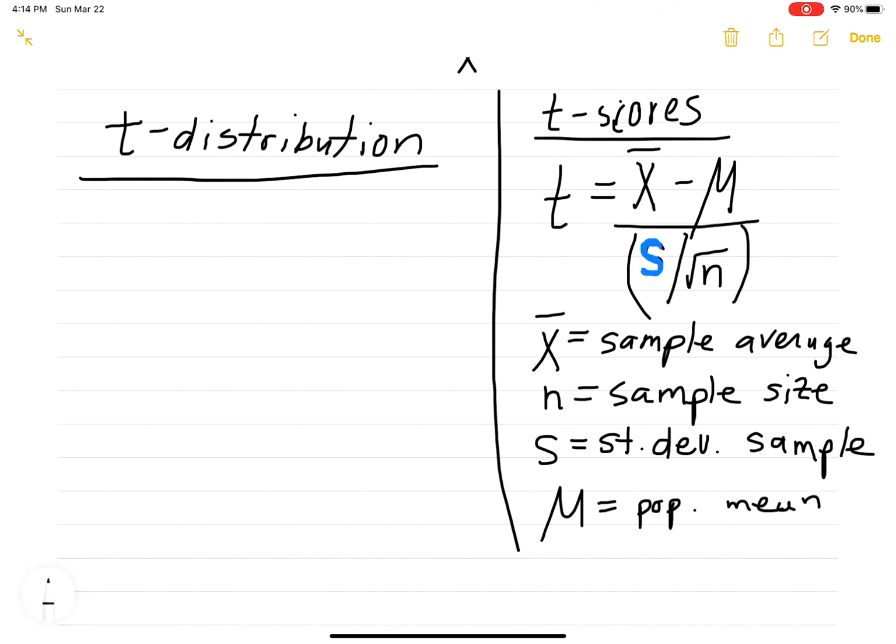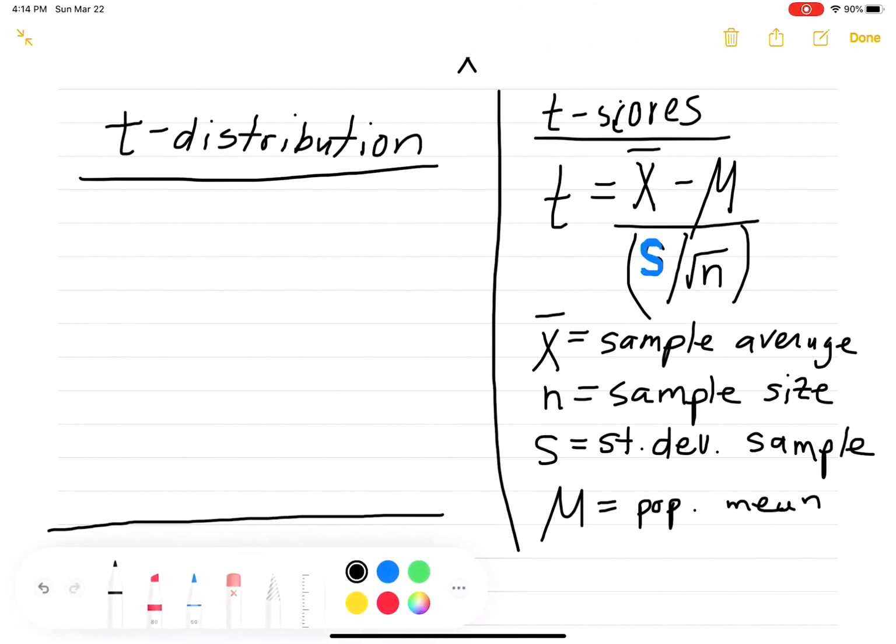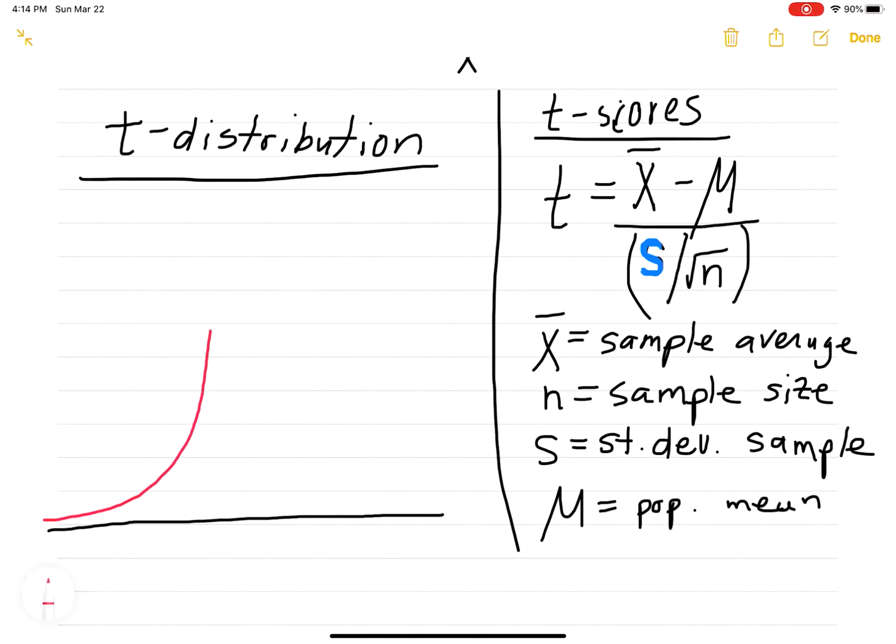So it turns out that there's not just one t-distribution, there are many. So imagine that this here in red is your z-distribution. This is my z-distribution here.